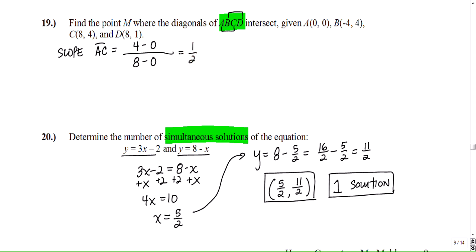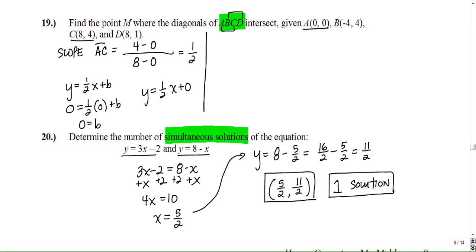I'm going to pick a point that this line is going to pass through, and my choices are either A or C. I'm going to pick A because that would be easiest, so y equals 1/2 x plus b, and I'm going to solve for b. I'm going to plug in 0, 0, and this is obviously why I picked 0, 0. So my first equation, which is the equation of my diagonal, I don't need the 0 there, but I'm going to put it there, is this.